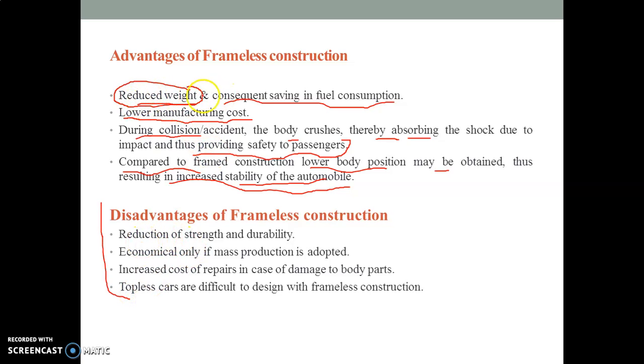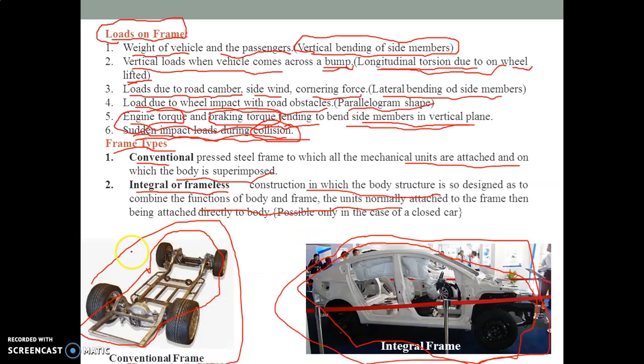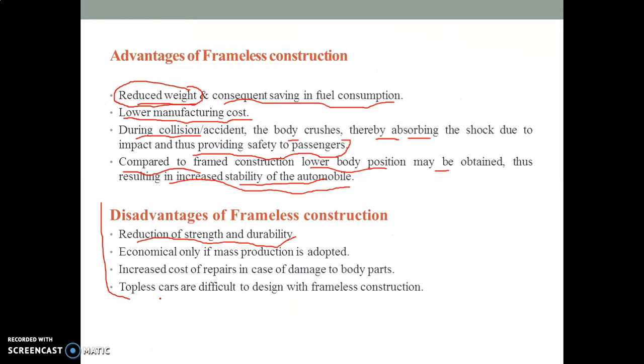If weight is reduced, mileage is increased and cost is also less, but here there is a reduction of strength and durability, because if we compare with the conventional frame in the previous slide, that frame provides much more strength to all the parts and the occupants.